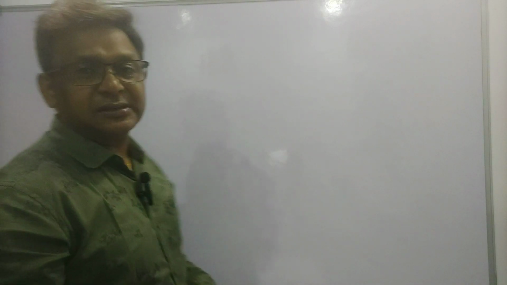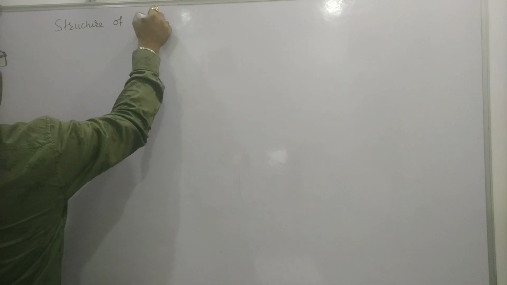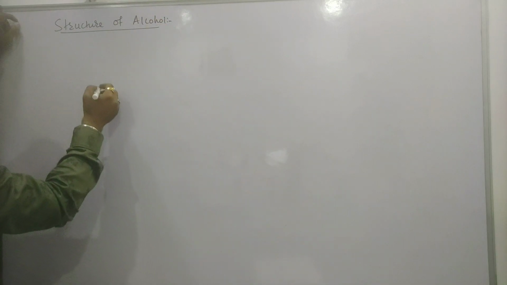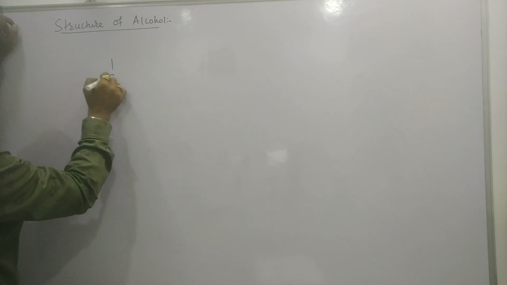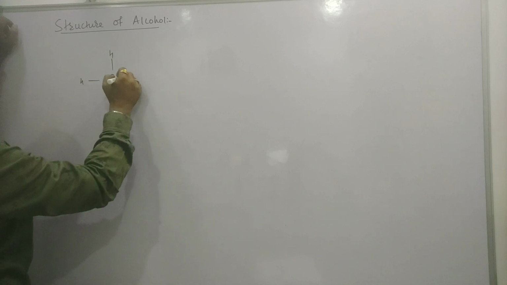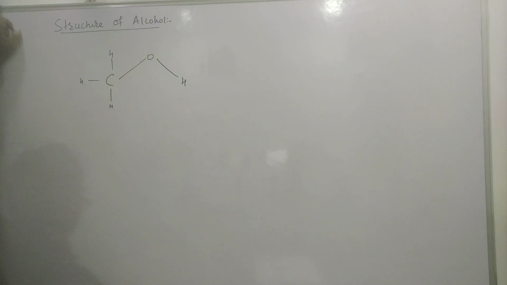Now we will see the structure of alcohol. What is the structure of alcohol? It's a very important structure of alcohol. For example, I'll tell you: this is called a methyl group, meaning CH3, and it is bonded with OH, called methyl alcohol.